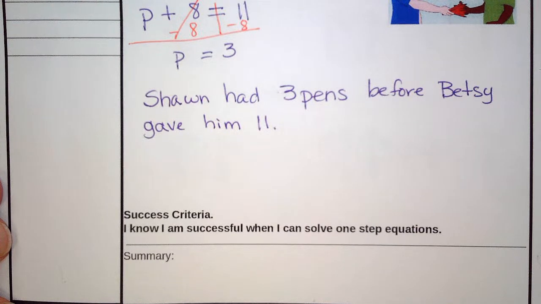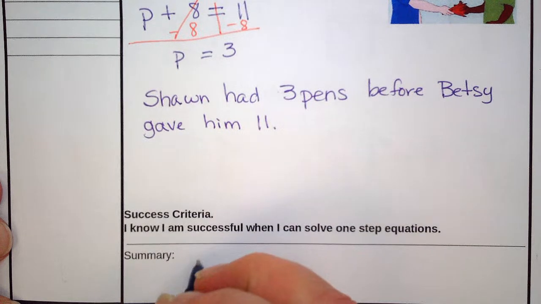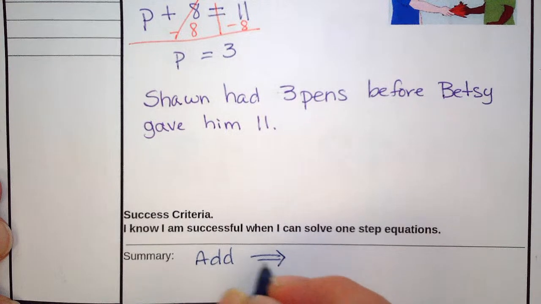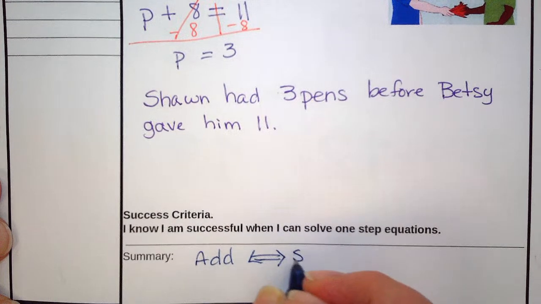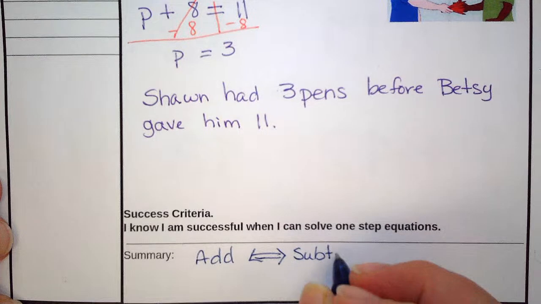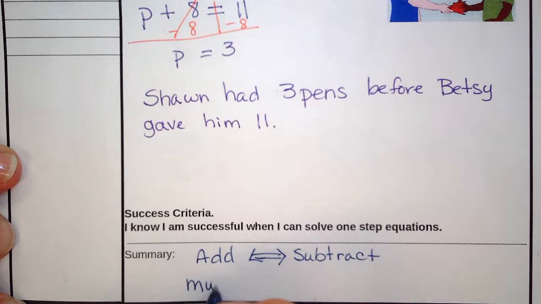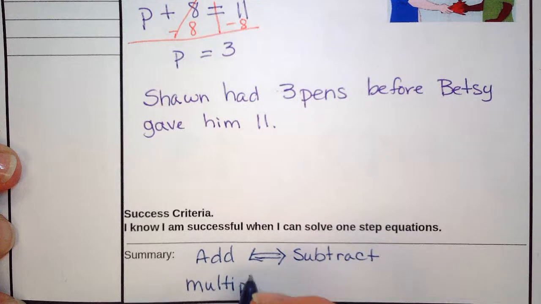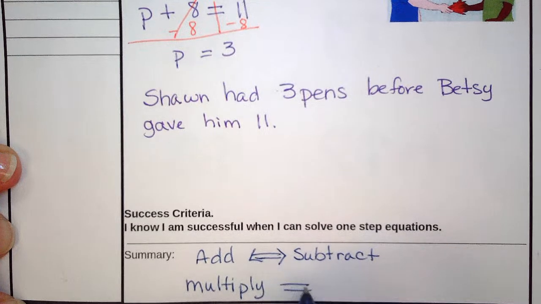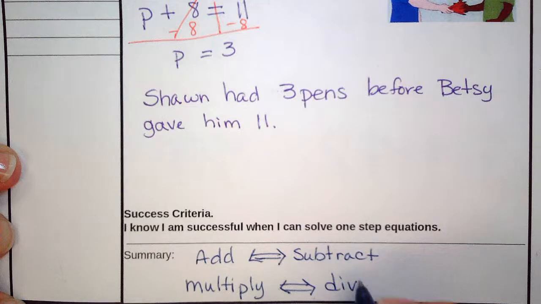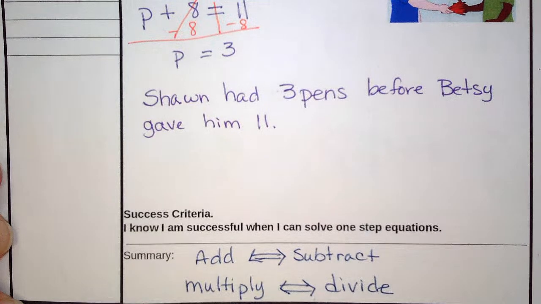So the important thing to remember, if I add, the opposite of adding is subtract. If I multiply, the opposite of multiplying is to divide. Hopefully this is starting to get a little bit easier for you now.